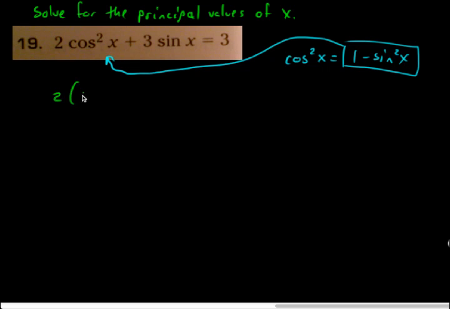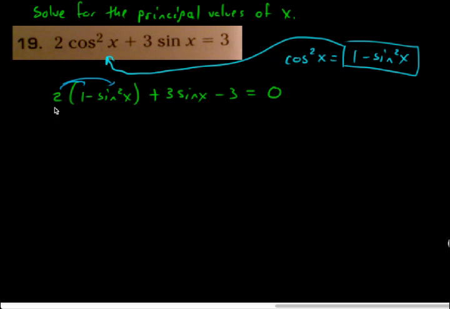So 2 times 1 minus sine squared x plus 3 sine x. And actually, I'm going to move this 3 to the other side here, subtract 3 from both sides, set it equal to 0. I'm anticipating that I'll have to factor this problem in order to solve it. So having it set equal to 0 will allow me to use the zero product property.